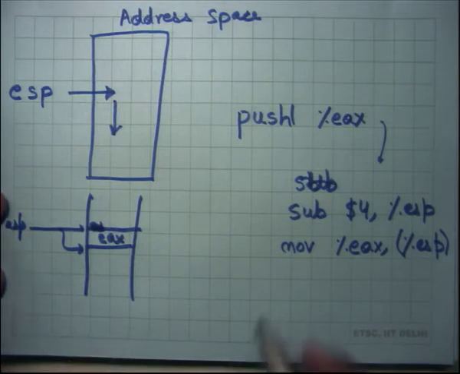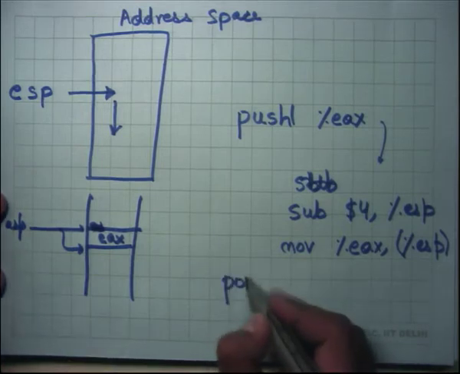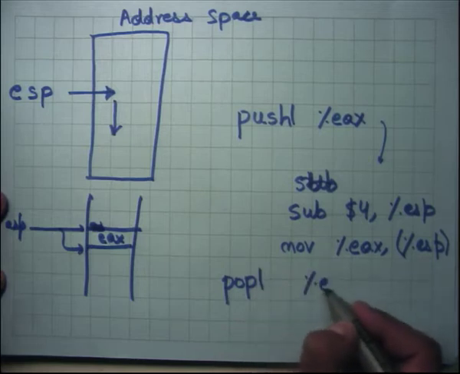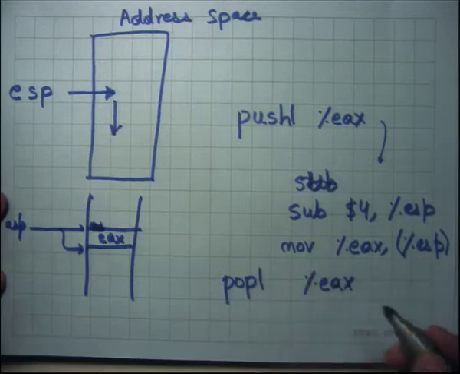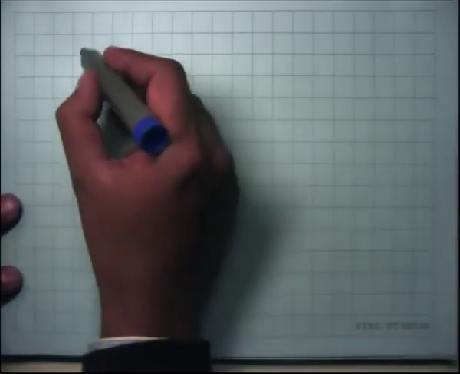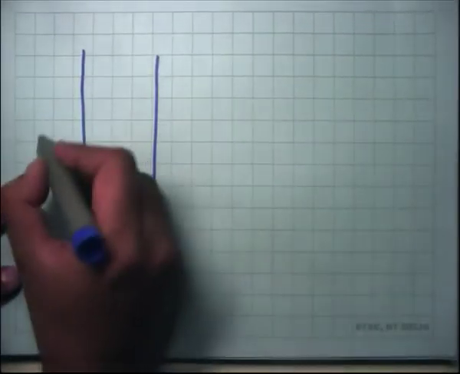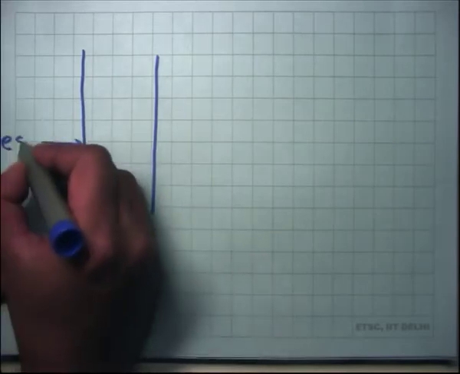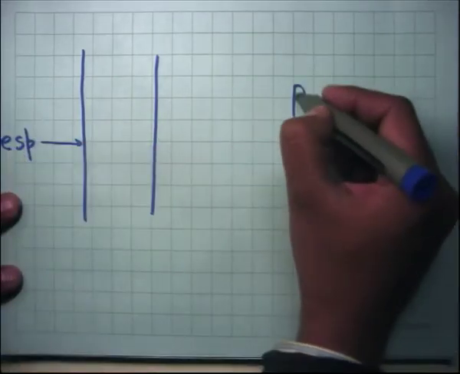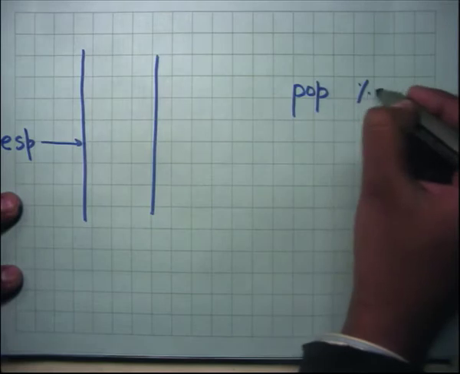Similarly, pop EAX basically has the opposite semantics. Let's say this is ESP and I call pop EAX.